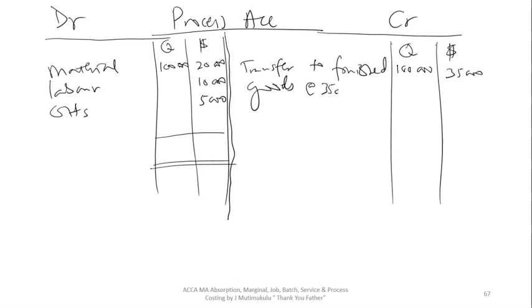They should balance. The debit quantities should equal the credit quantities, 100,000 units, and then that should all add up to 35,000. Sure, that has been done properly. Okay, that's our process account, ladies and gentlemen.